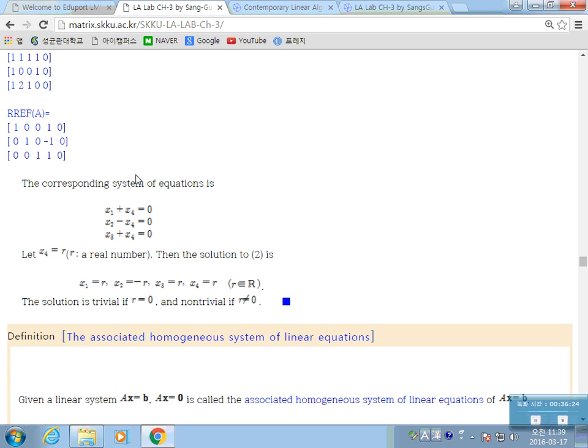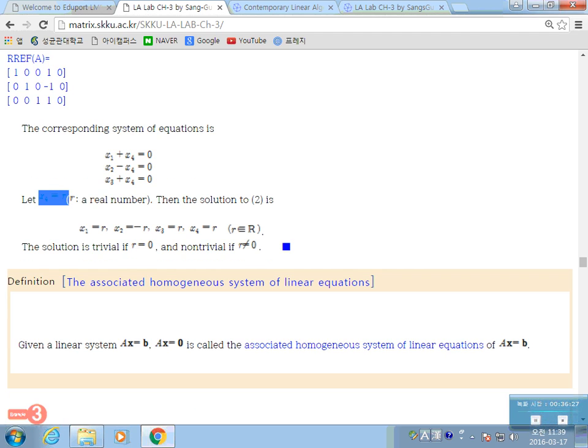So if x4 is a free variable, let it be R, then x1, x2, x3 can be written with this R. So it has a non-trivial solution. If you choose R not equal to 0, then you have a non-trivial solution, and there are many.